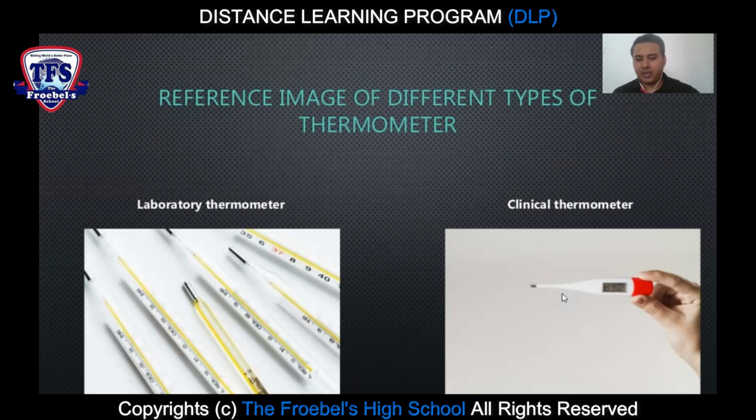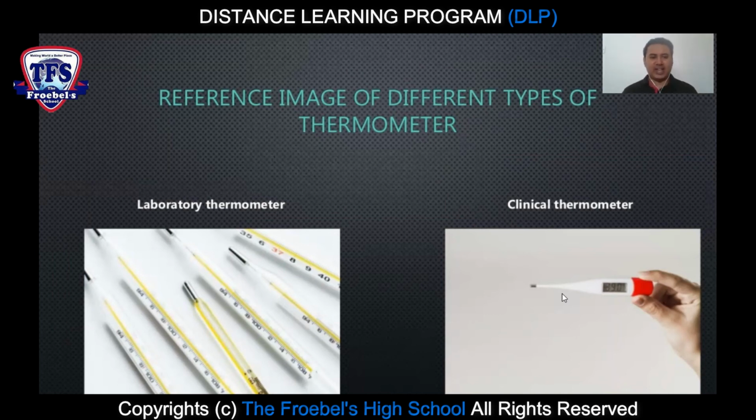Sensitivity measures the amount of change in thermometric property, for example, length of mercury column per unit change in temperature. Now the third one is the range, and this denotes the minimum and maximum temperature that the thermometer can measure.